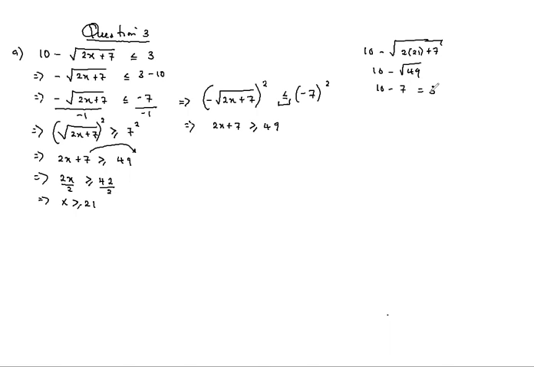Now, if we increase, since x must be greater or equal to 21, if we get a different number, say we get 25, we have 10 minus the square root of 2 times 25 plus 7 inside. This is going to be 10 minus the square root of 57.